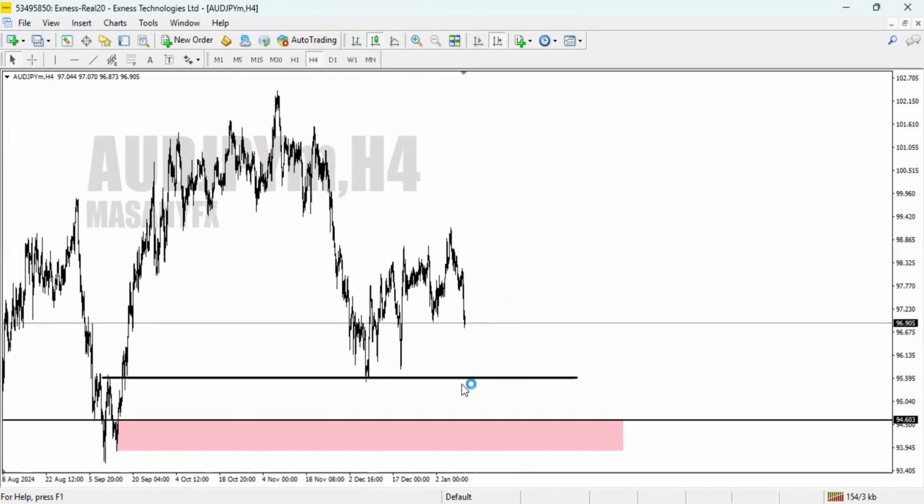This is a flip. Price must come back to this zone before going up again.